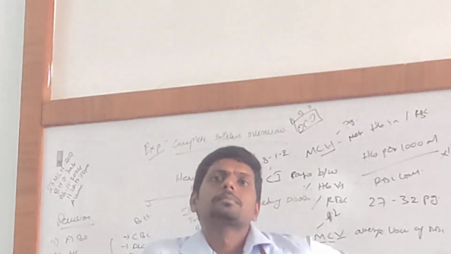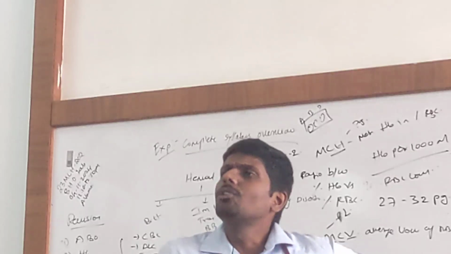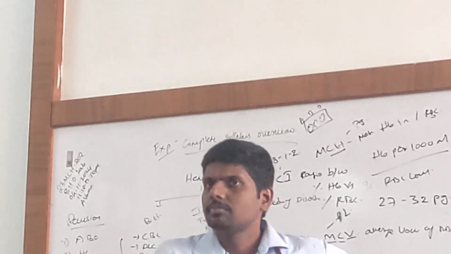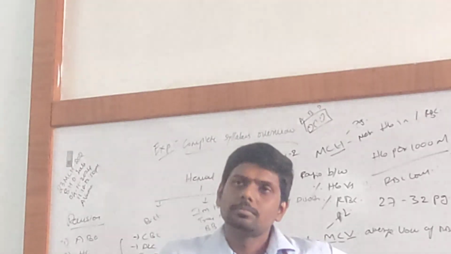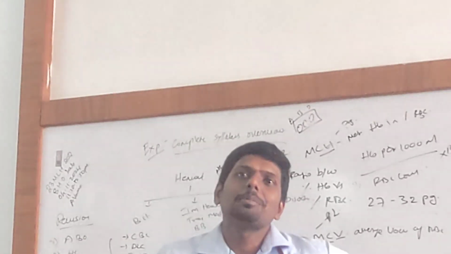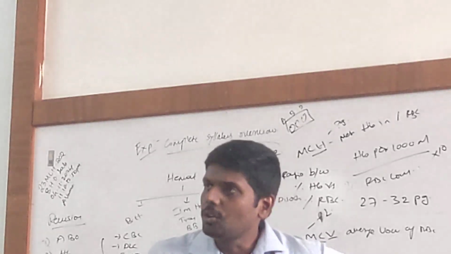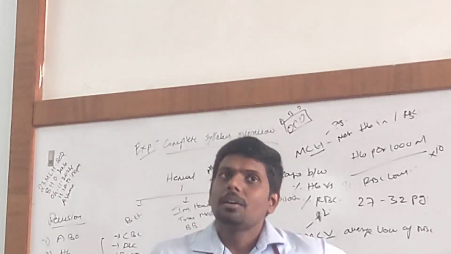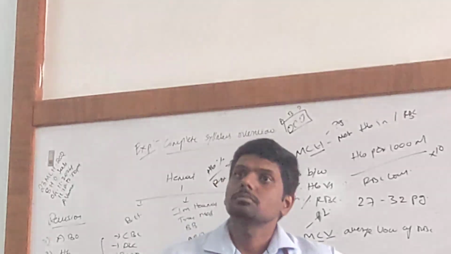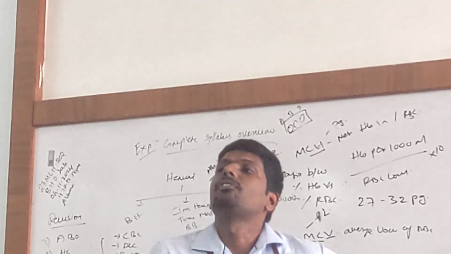Then, what cell's nucleus will change day to day upon its age? Now, RBC has no nucleus, Miss Arpita. Then why are you saying RBC? What cell's nucleus will change depending on its age? Neutrophils.